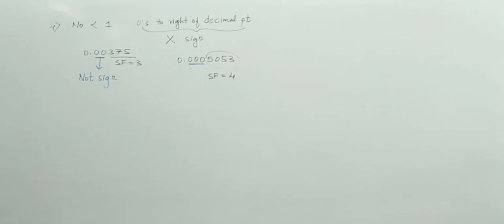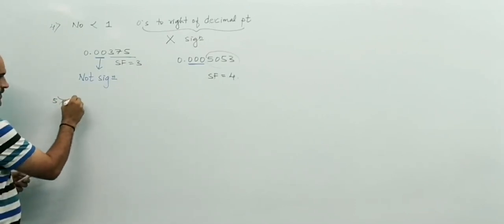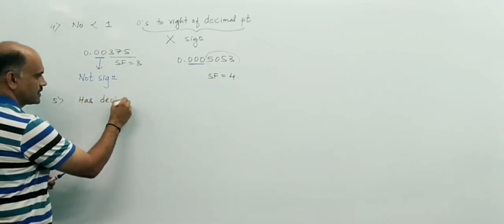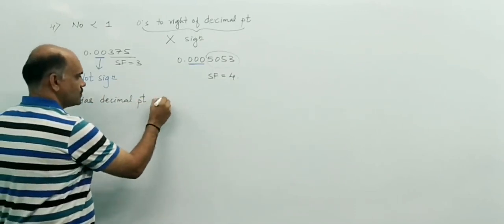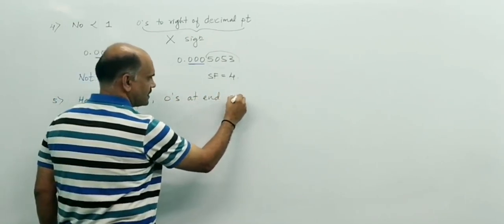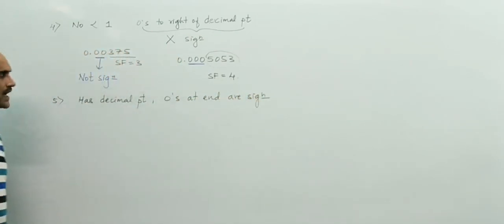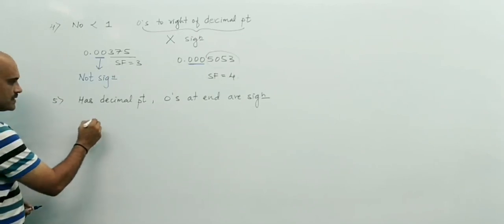Now the fifth. If a number has a decimal point, then zeros at the end are significant. Similarly, if I take this example, 0.0037500, these zeros are not significant. But the zeros at the end are significant.